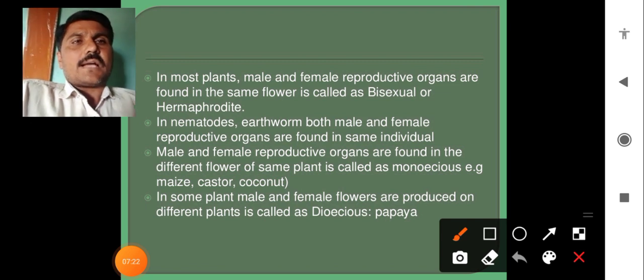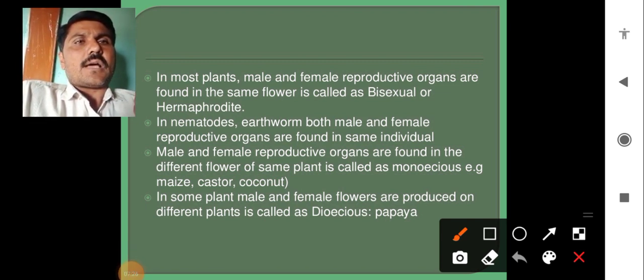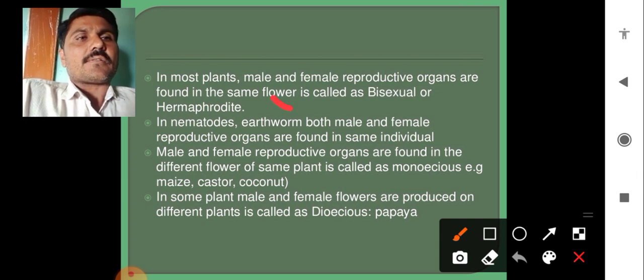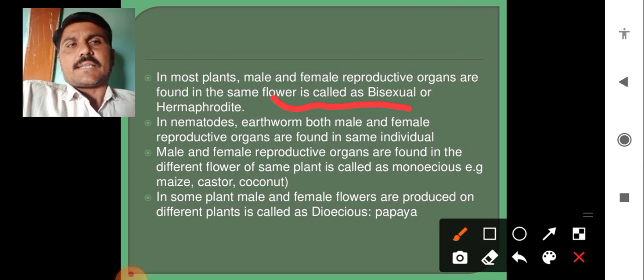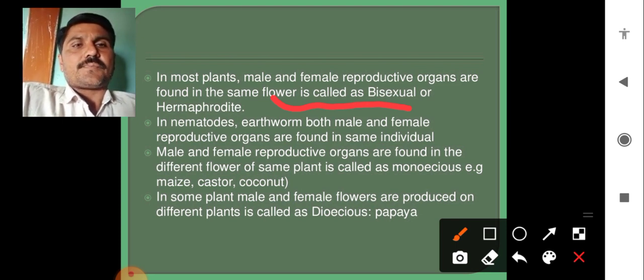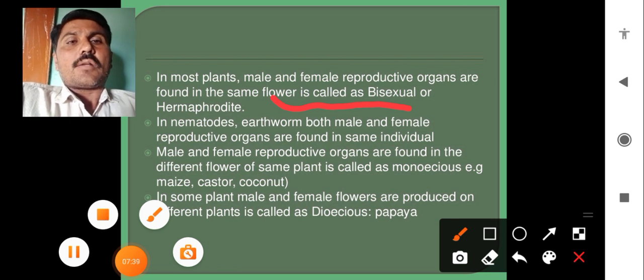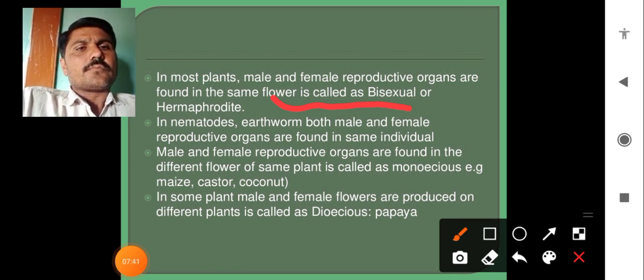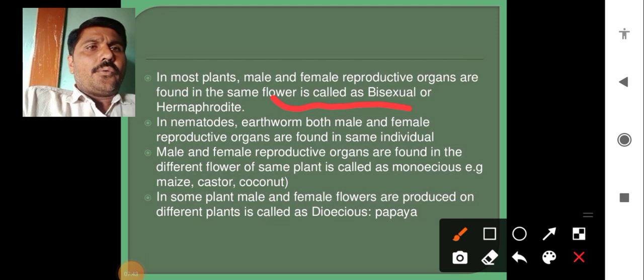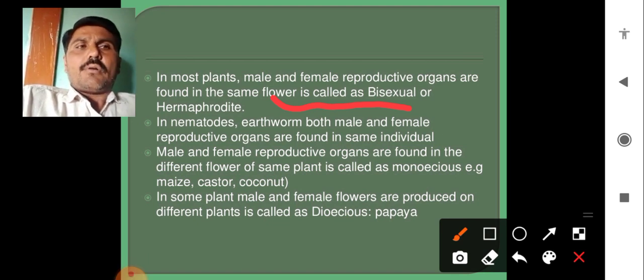In most plants, male and female reproductive organs are found in the same flower. That we call bisexual or hermaphrodite. They are called the bisexual flower as well as the hermaphrodite.